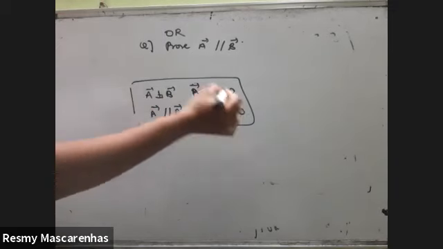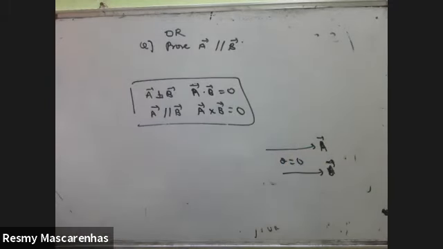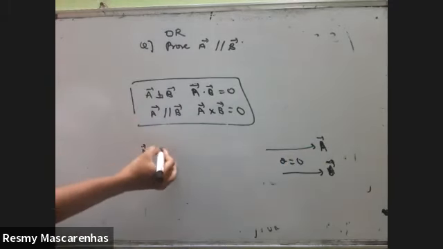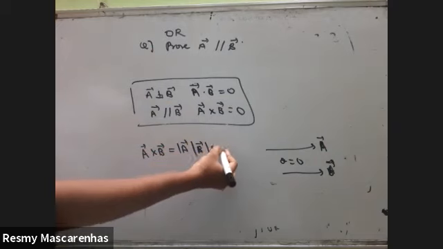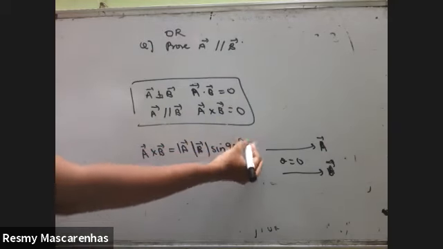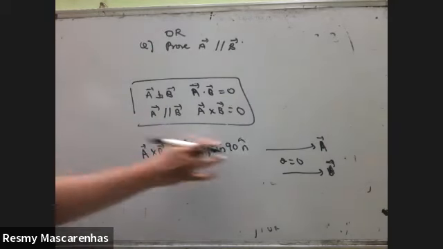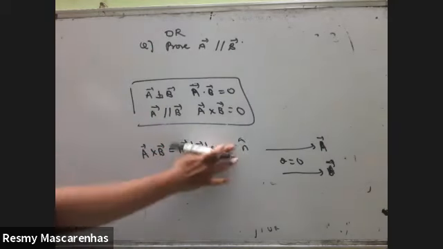Why is that? Because consider two parallel vectors. The angle between two parallel vectors is always 0. As per the formula, A bar cross B bar is magnitude of A into magnitude of B into sine theta. Put it under the note and keep.